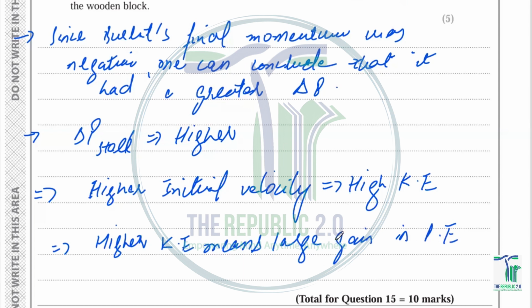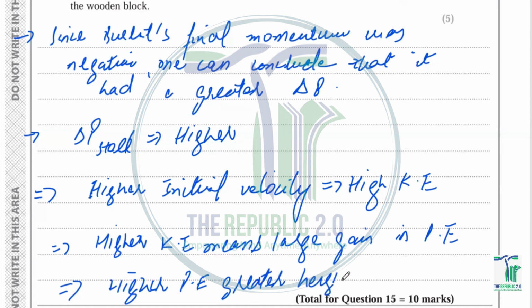Higher kinetic energy means a large gain in potential energy. And higher potential energy means a greater height gained. So that is why the steel block moved a greater height compared to the wooden block.